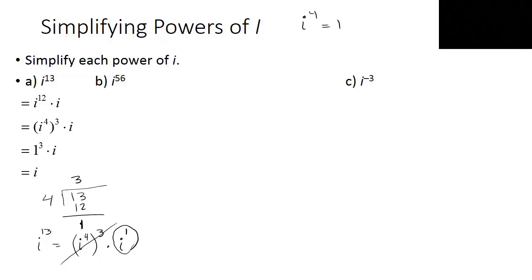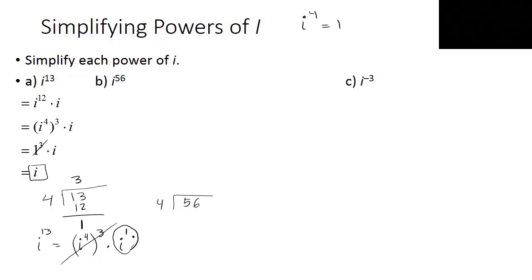If the remainder is 1, the whole thing would be equal to i to the power 1, which is i. The reason is that when I divide 13 by 4, I get a remainder of 1.